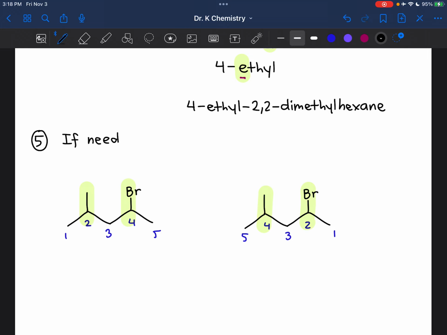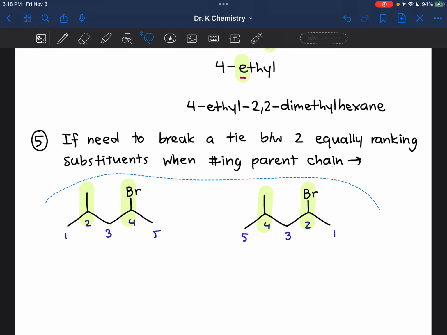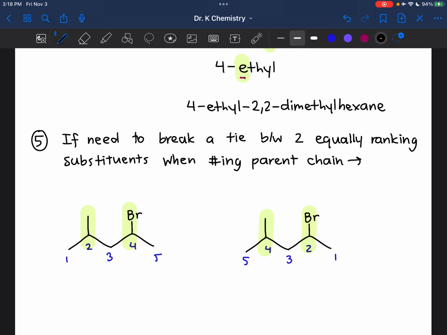So if you need to break a tie between 2 equally ranking substituents when numbering the parent chain, then you will go by alphabetical order of the substituents.